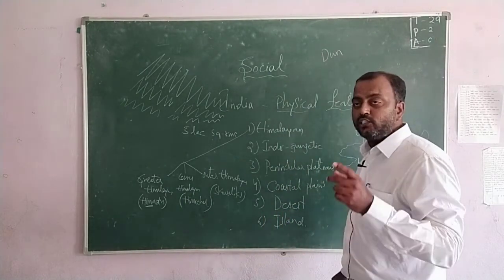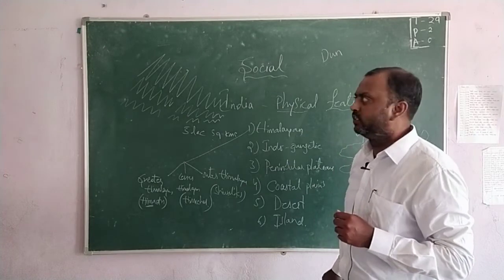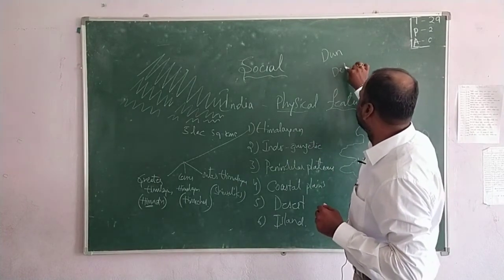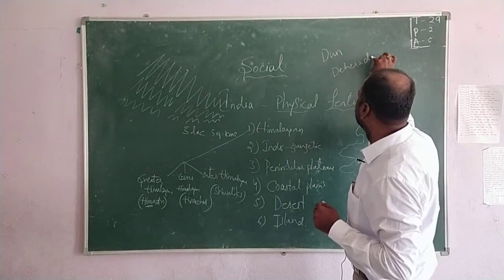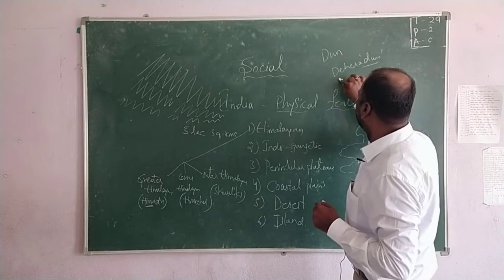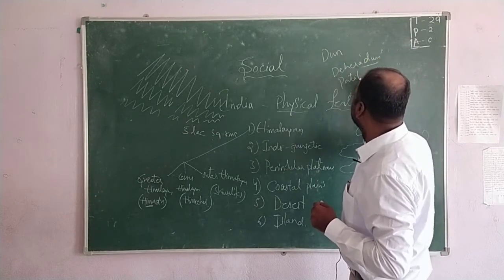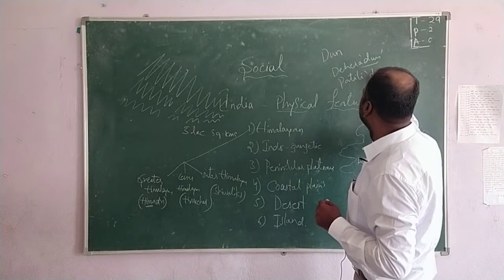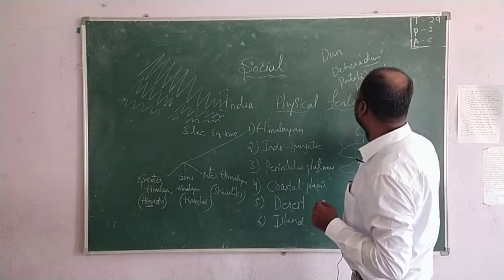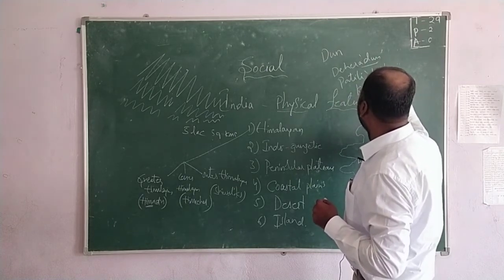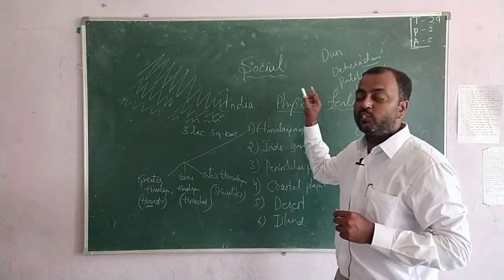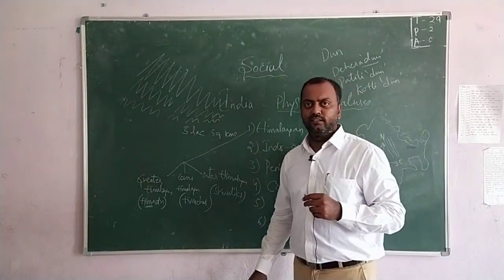A flat longitudinal bottomed valley is called a Dun. Dehradun, Patli Dun, Kotli Dun are the different duns which are present in the Lesser Himalayas.